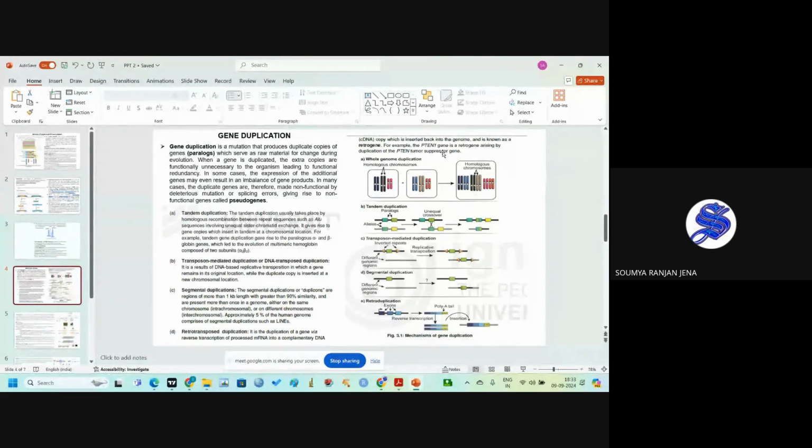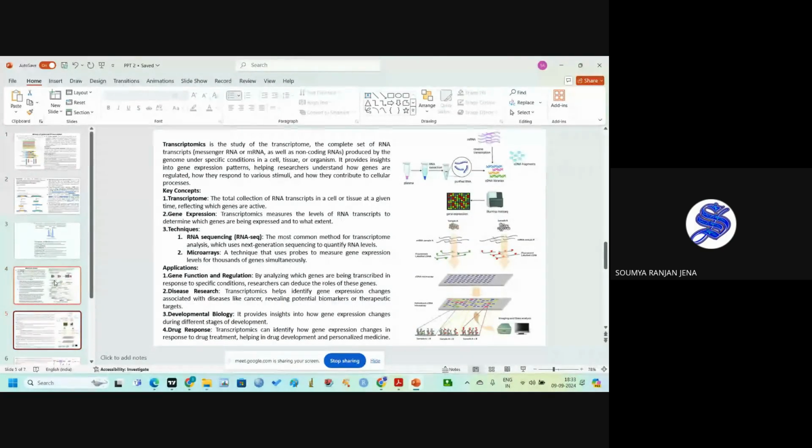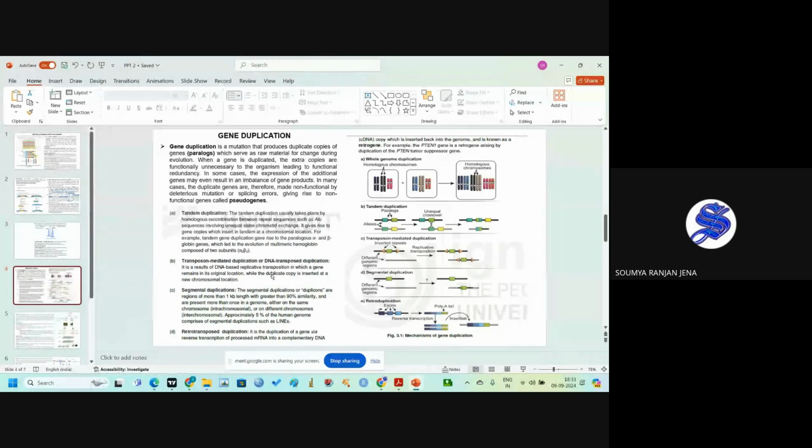Any deletion or insertion or excessive expression of the protein may give rise to cancer in human beings. These are called gene duplication.